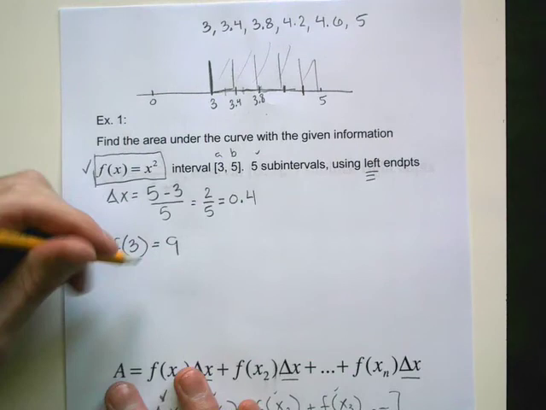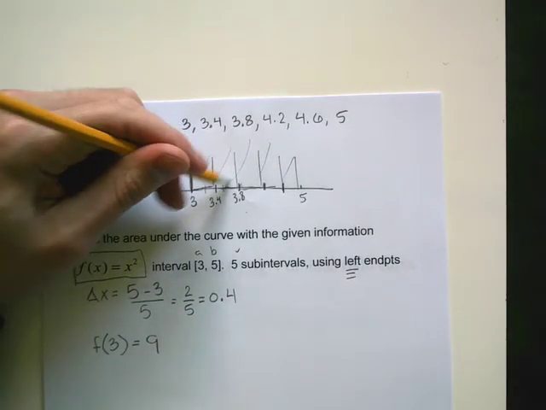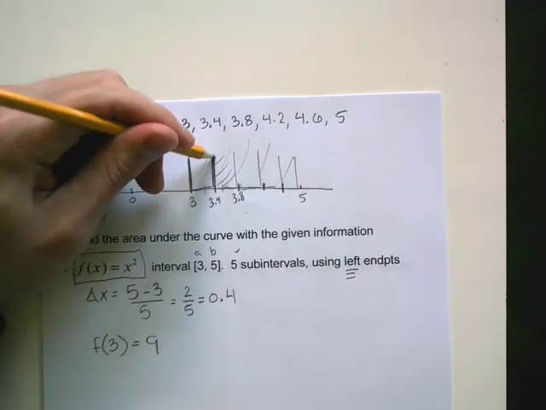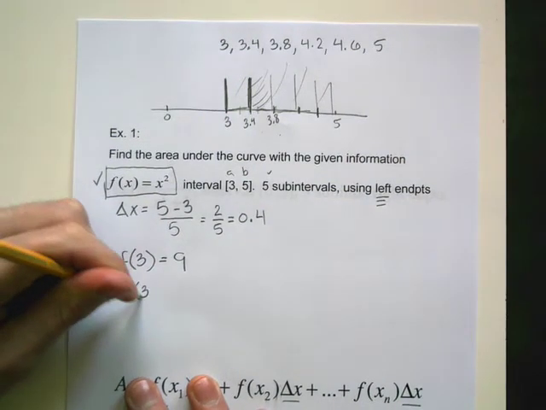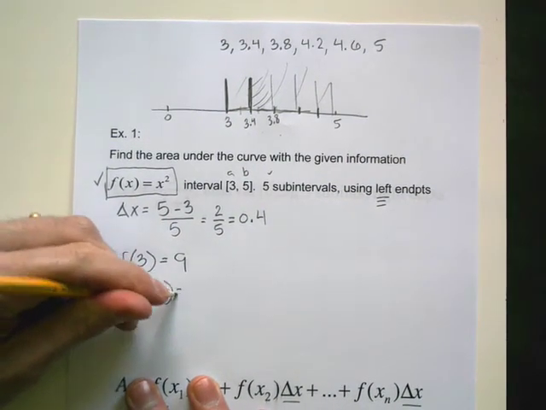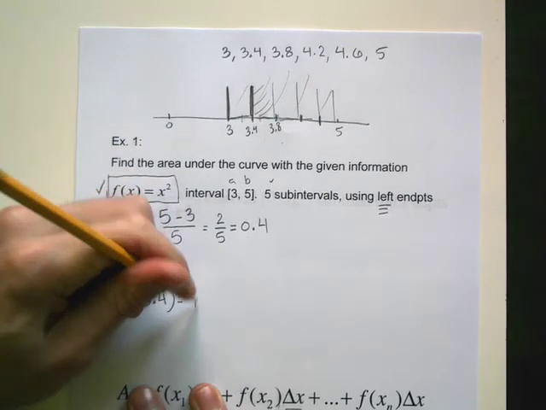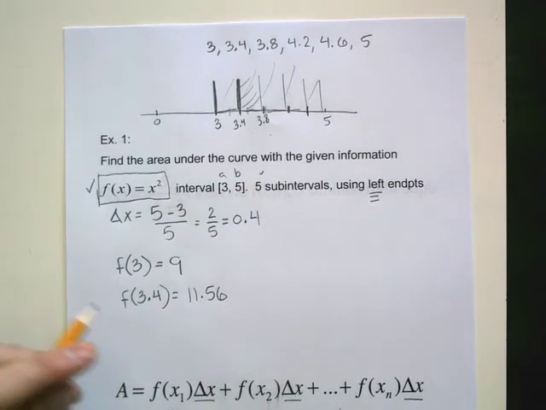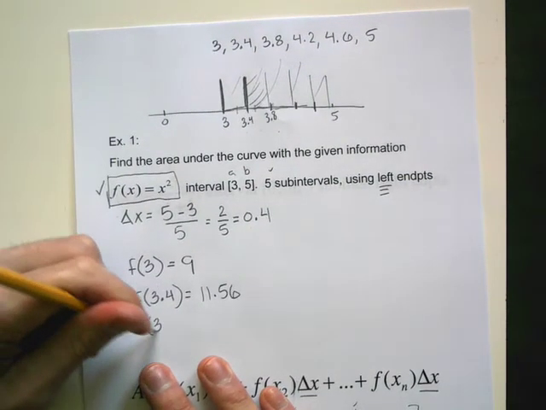Okay, then I need to keep going. Now I need to go to my next rectangle, which is right here, but I'm using my left edge, so it would be this one right here. So I would do f of 3.4, and again I would plug 3.4 into x squared, which comes out to 11.56. I would do the same thing for my next couple of rectangles, f of 3.8.